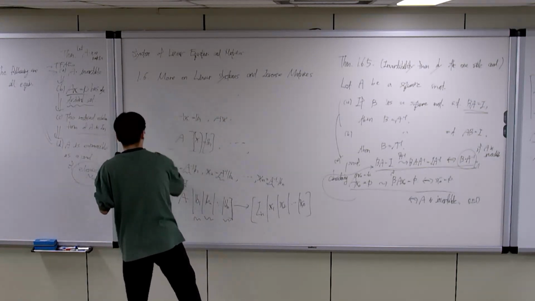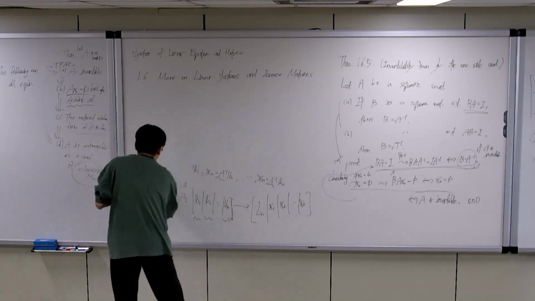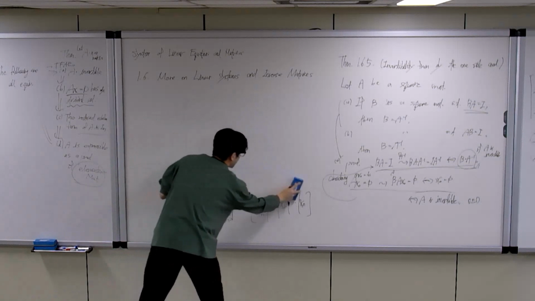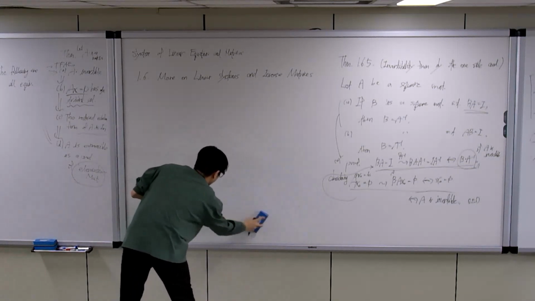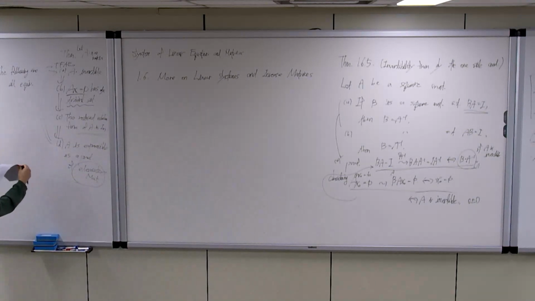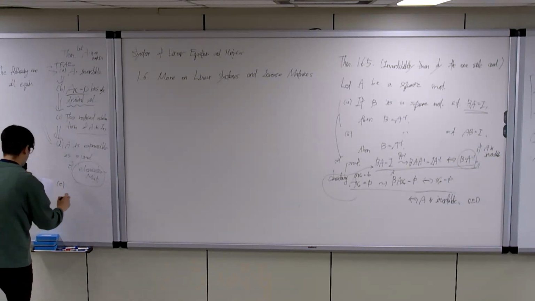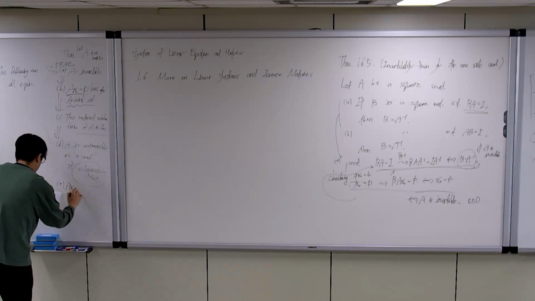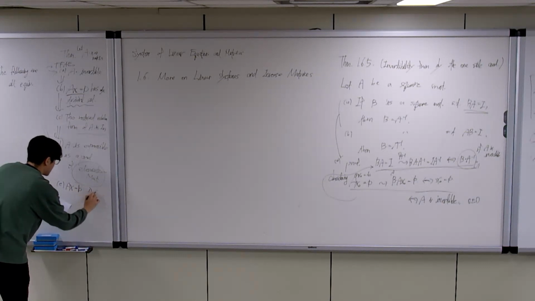We can develop the equivalent relations of an invertible matrix. AX equals B is consistent.